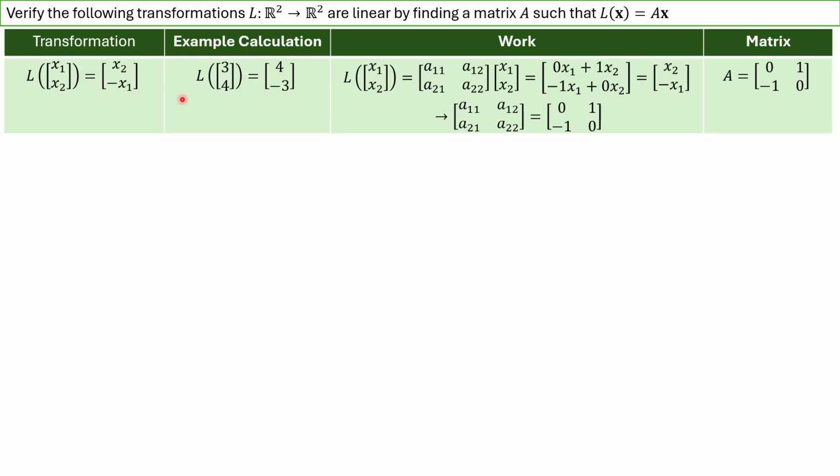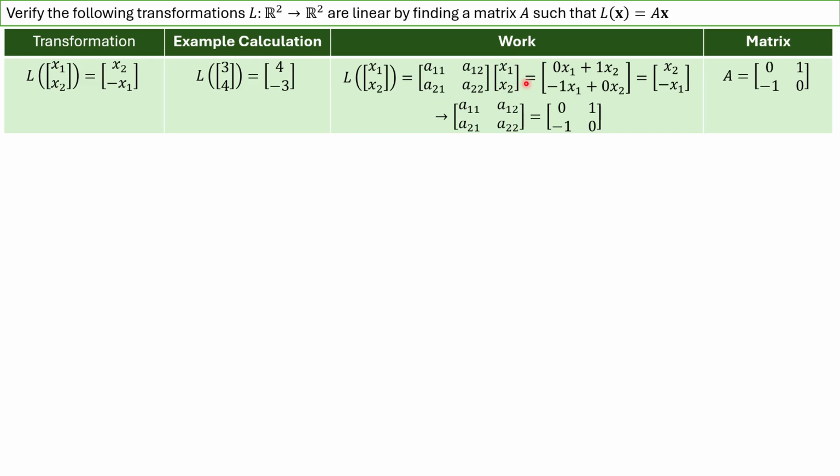All right, this works for any general one. If we were to apply this linear transformation by a general matrix A, we're trying to find what these A11, A12, A21, and A22 are, what numbers they are. We left multiply this matrix A times our vector x.